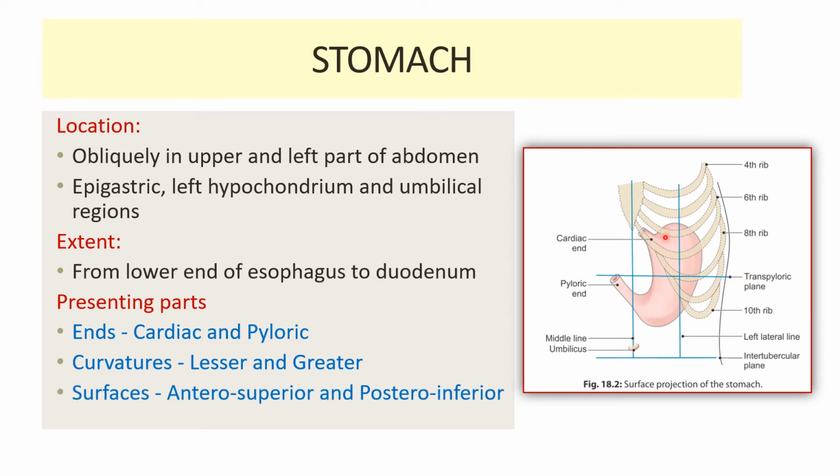It presents two surfaces, the anterosuperior surface, which you will see once you open the abdominal cavity, and the postero-inferior surface, which you cannot see immediately after opening the abdominal cavity and reflecting the peritoneum. To see the postero-inferior surface, you have to turn the stomach up.